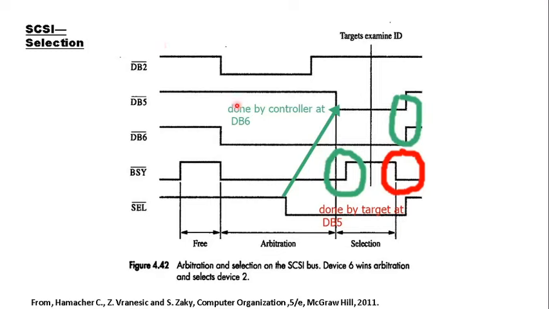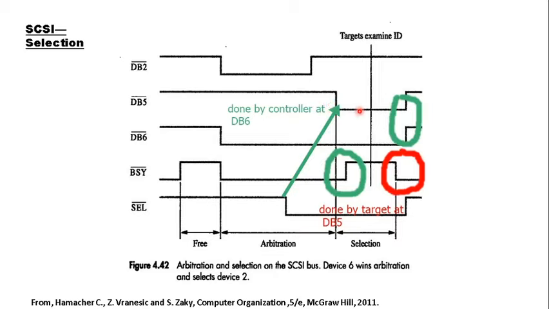If you see here, DB6, the SCSI controller, is now activated. Now it will put the select signal to the active state, and at the same time it will also activate the DB5 line. Okay, note that DB6 is going to select its communication partner, which is DB5. So it will turn the selection signal on, and it will turn on the address of its communicating partner.